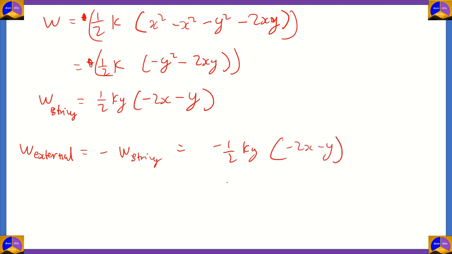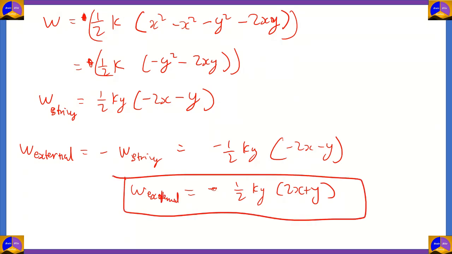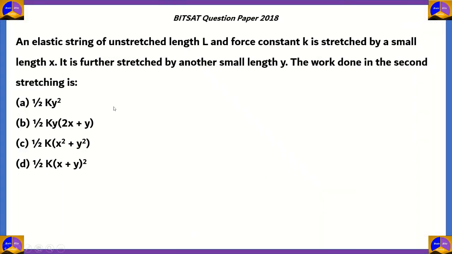So when you take a minus common out of here, you get half ky times 2x plus y as the work done externally. So therefore, the work done in order to stretch the string to a length of x plus y externally is given as half ky times 2x plus y. So therefore, among the given options, option B is the correct option.